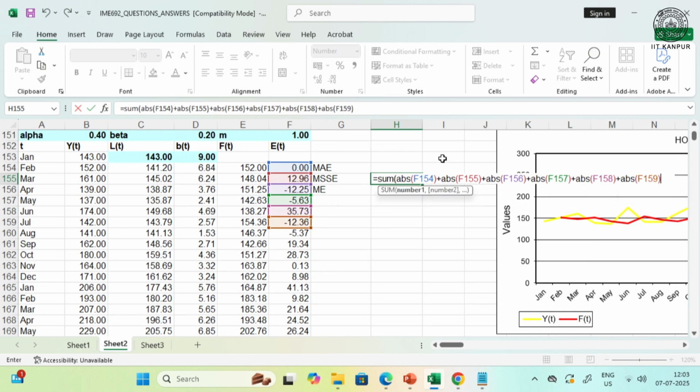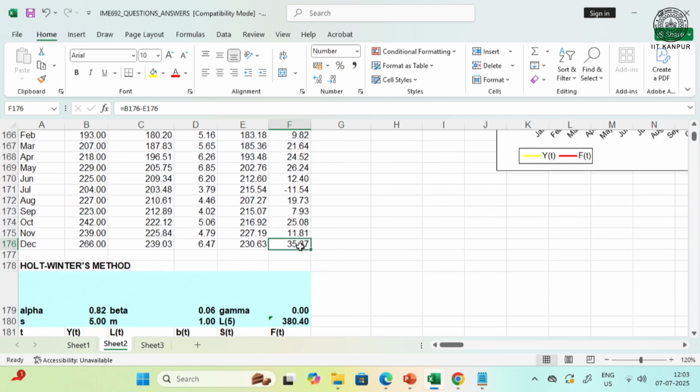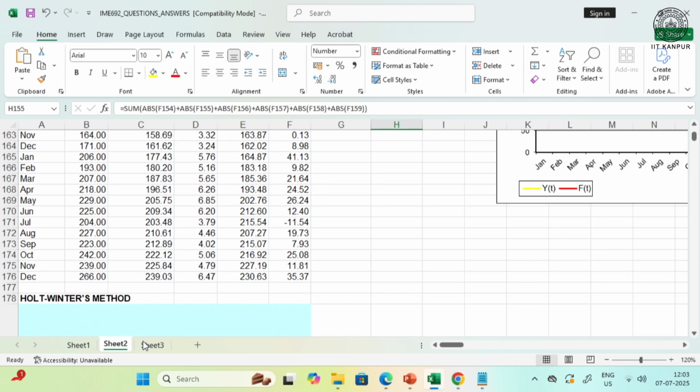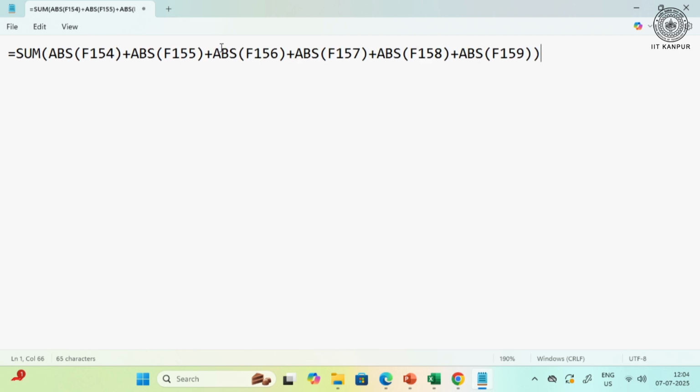So, how many values are there? Let me put it and then I'll come. I'll tell you what I am doing, you will understand. There are cells starting from 154 till 176. So, let me copy it. So, this is 154 till 176. I just zoomed it.